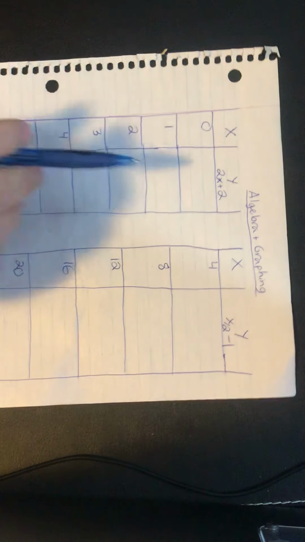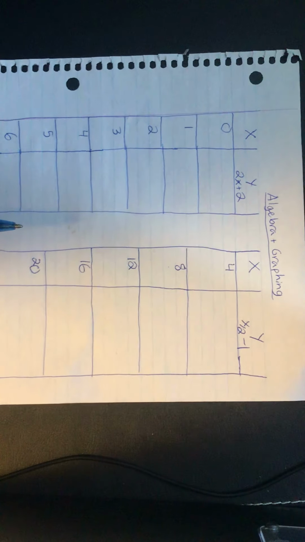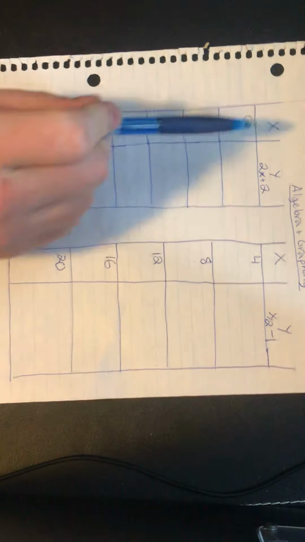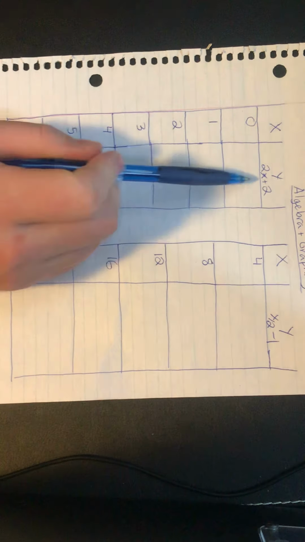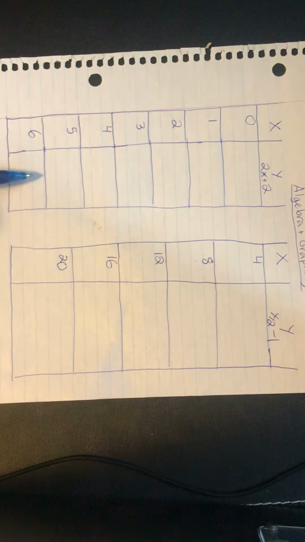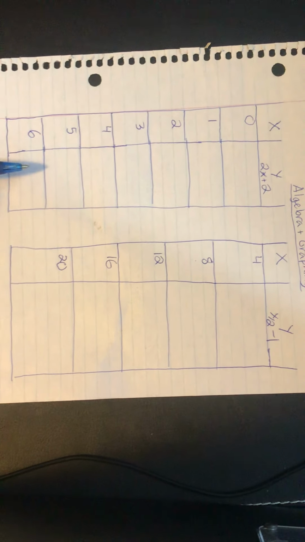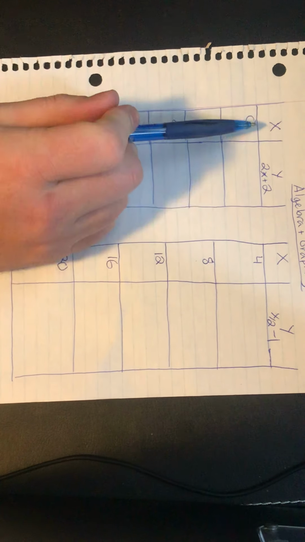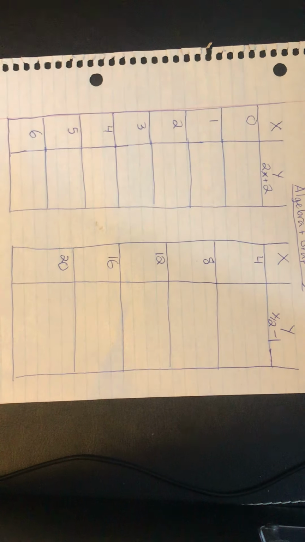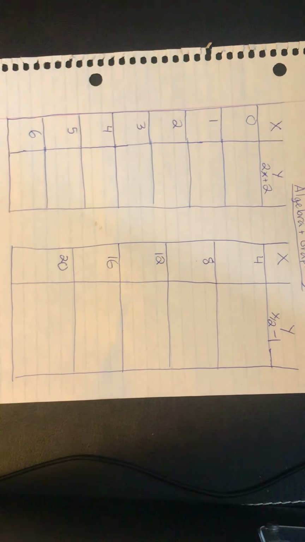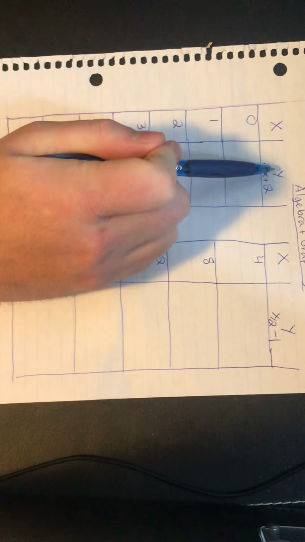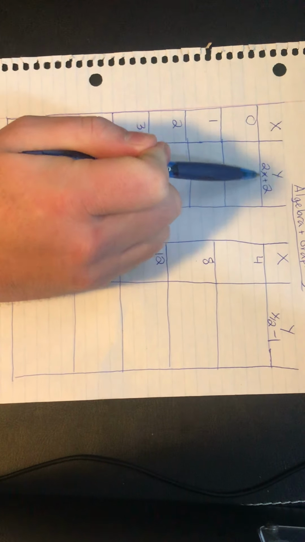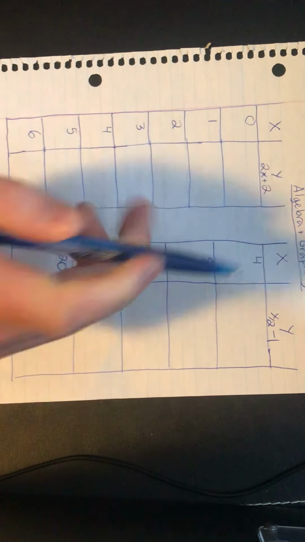So immediately we're going to see this graph right here. So here are my x values and here are my y values, and you'll notice that my y values are actually empty. The reason that they're empty is because we need to figure out which x value is going to go in. So let's do this one here as an example. So here I'm saying that all my y values are equal to 2x plus 2.